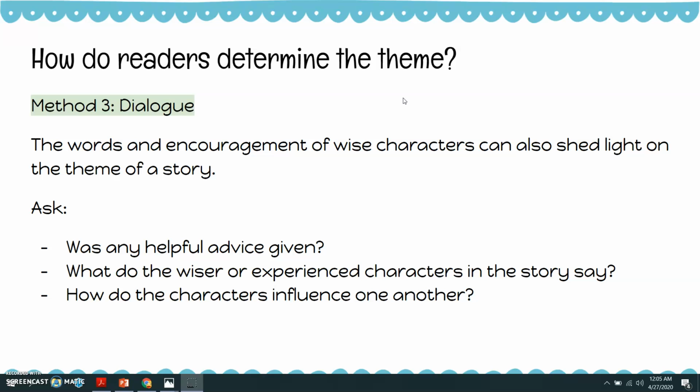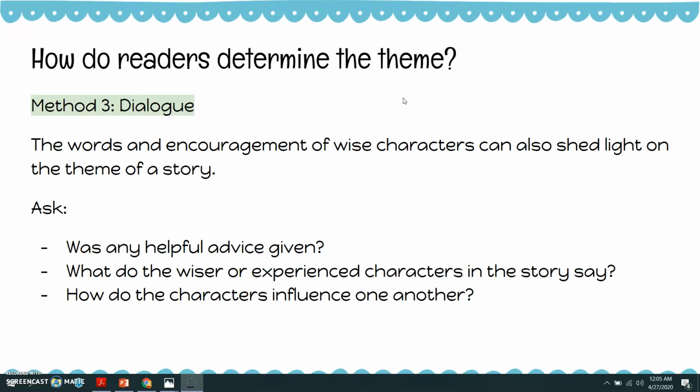You could also determine the theme by looking at the dialogue or the conversations that are taking place in the story. The words and encouragement of wise characters can also shed light on the theme of a story. Was any advice given? What do the wiser or experienced characters in the stories say?